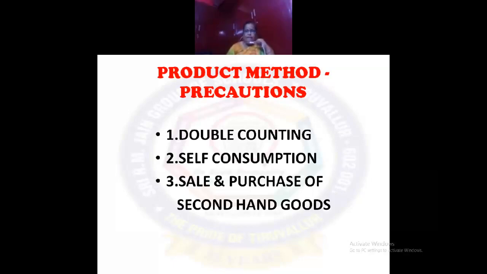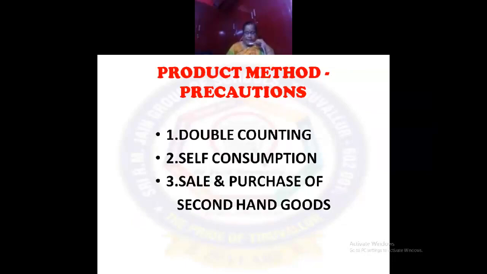Next, self-consumption. The value of output used for self-consumption should be counted while measuring national income. So, the first one should be avoided, the second one should be counted. Third one, sale and purchase of second-hand goods.